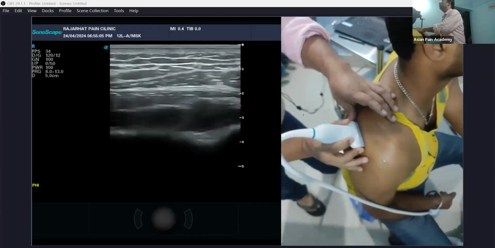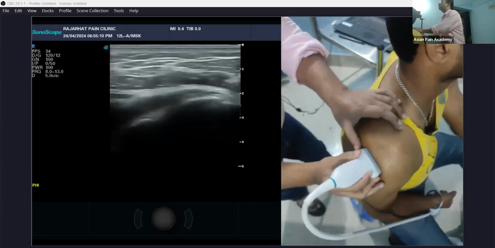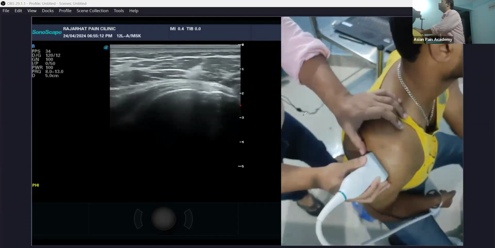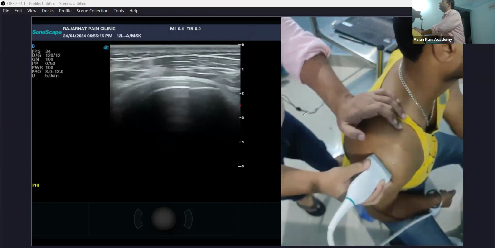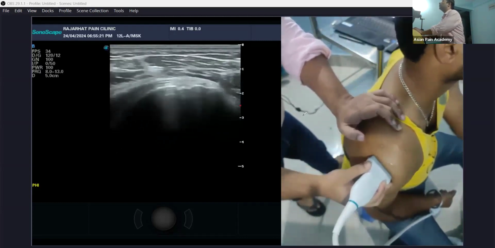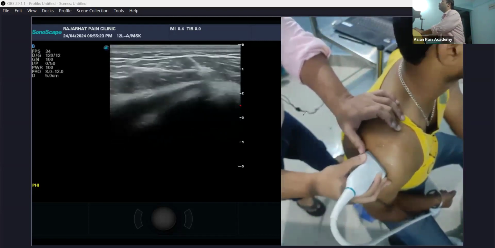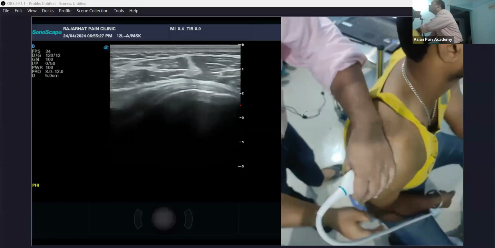The central tendon is already getting formed and has joined with the greater tuberosity of the humerus.